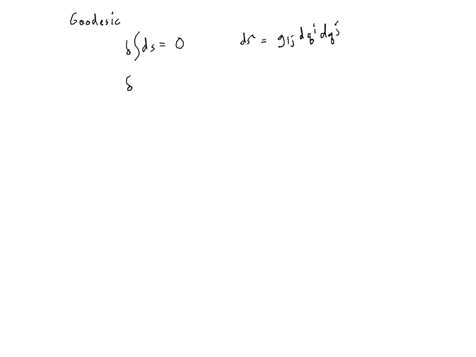And so the delta of ds squared is equal to 2 ds delta ds.